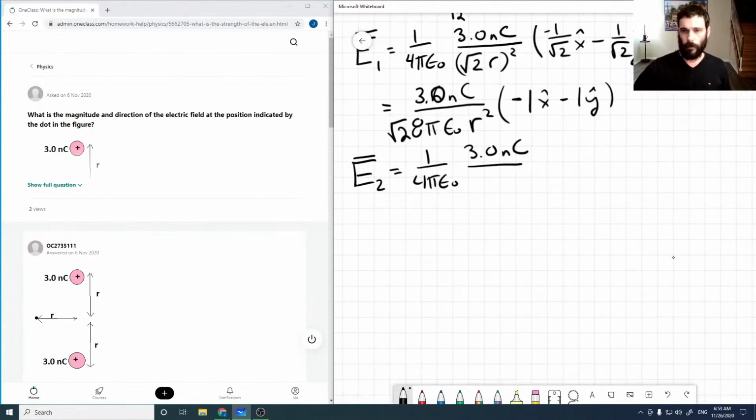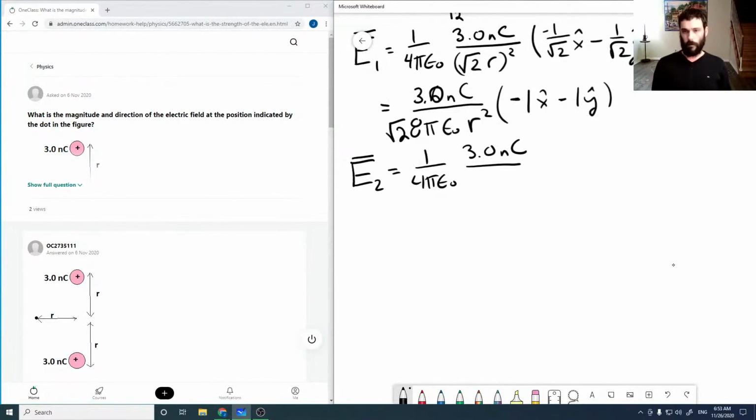Okay? So this would be root 2r squared, and then minus 1 over root 2 x hat, plus 1 over root 2 y hat. So again, I'm not going to bother calculating everything because we don't have the value of r anyway, so I'm just going to leave it as is but pull everything out.